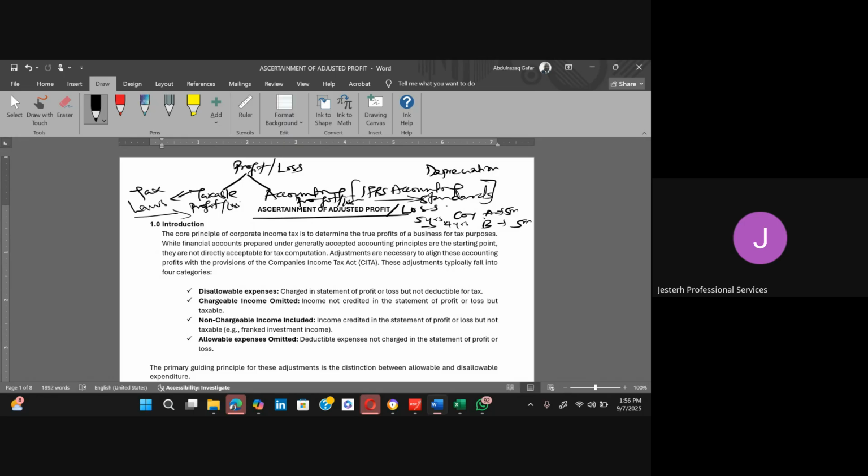Because during the useful life of the assets, the depreciation that company A will charge will be lower than what company B will charge.